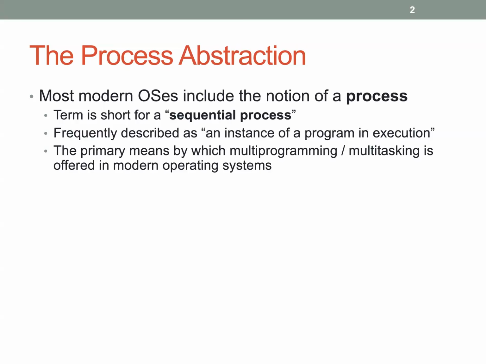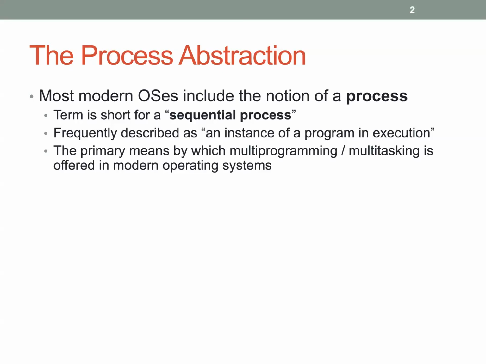I know there are some cooks in the audience, and if you think about a recipe being a program, a process would be equivalent to you marking off the steps you've completed and where you are in the recipe, and your layout, your mise en place on the countertop, what you've done, the bowls, everything that's ready, stuff that's in the oven, the timer that ticks and dings when the oven is done, and all of this kind of stuff. That would be the process because you're in the midst of executing that recipe. So I think that's a great analogy.